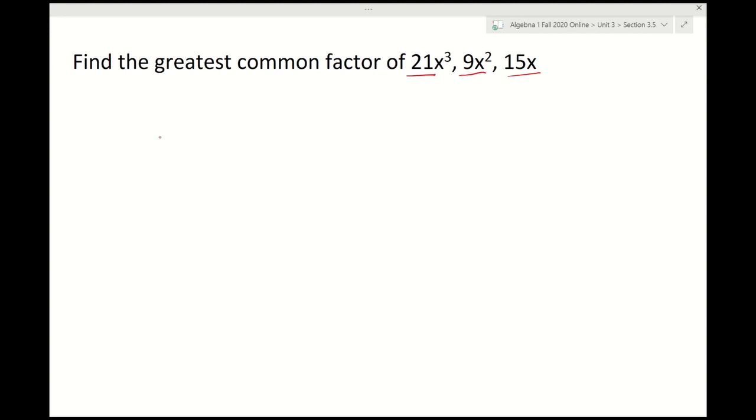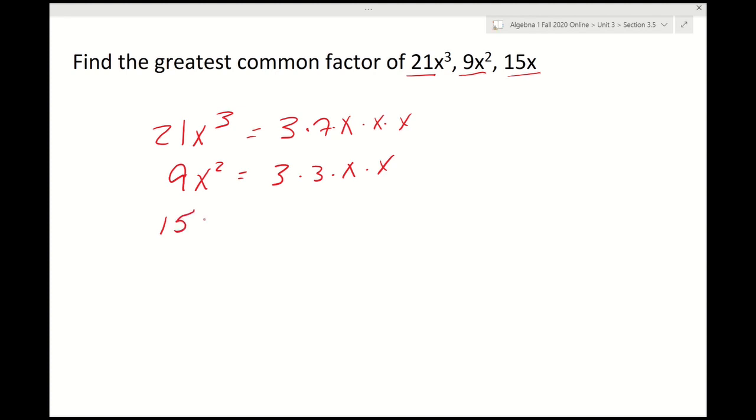By a common factor, what we mean is 21x cubed can be written as 3 times 7 times x times x times x. 9x squared can be written as 3 times 3 times x times x. And 15x can be written as 3 times 5 times x.